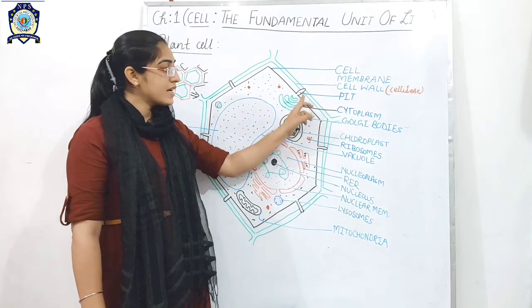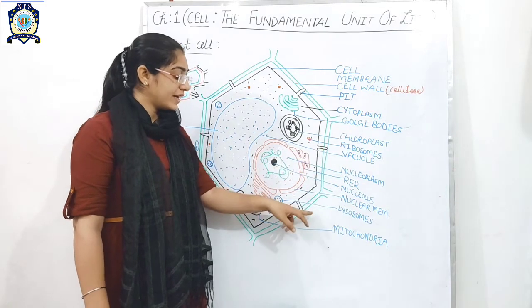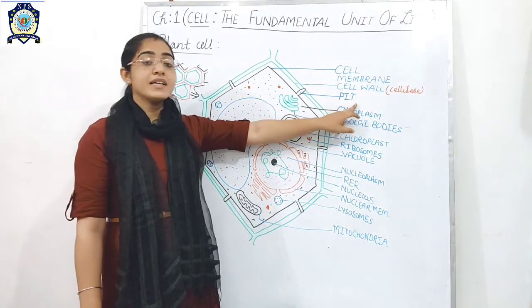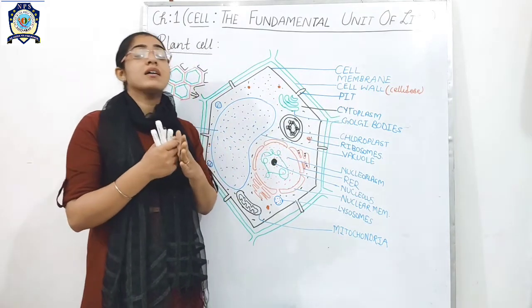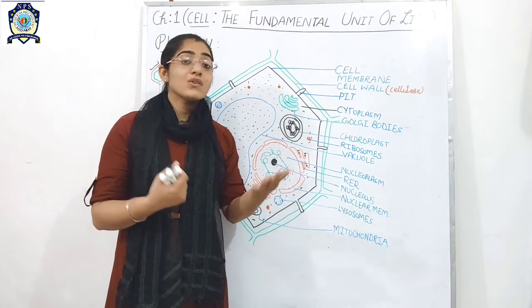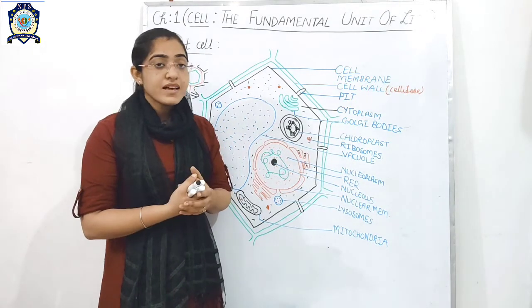At some places the covering is absent, and in that area pits are present, the site of the exchange of the material. And the cell wall is a rigid and protective layer which protects the cell.